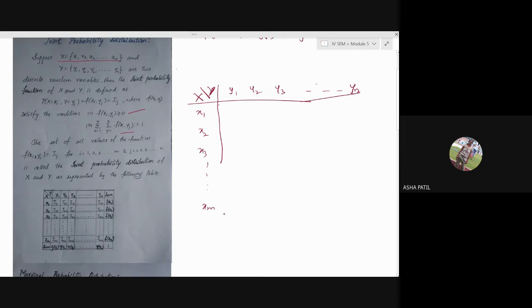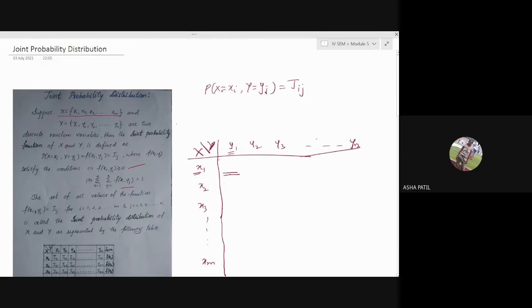If you write the probabilities of all these, the first term here will denote the probability that x is equal to x1 and y is equal to y1. That will be denoted by J11. Similarly, J12, so on up till J1n.